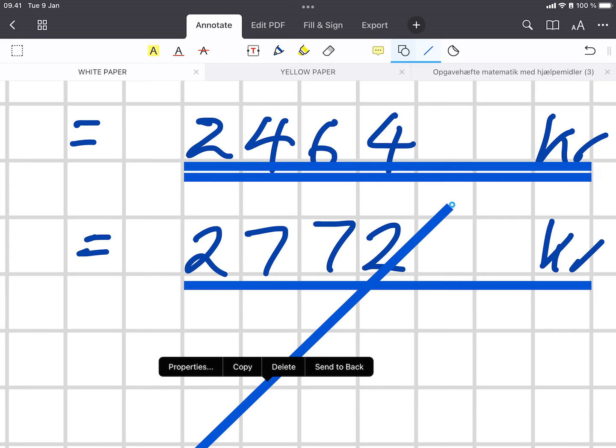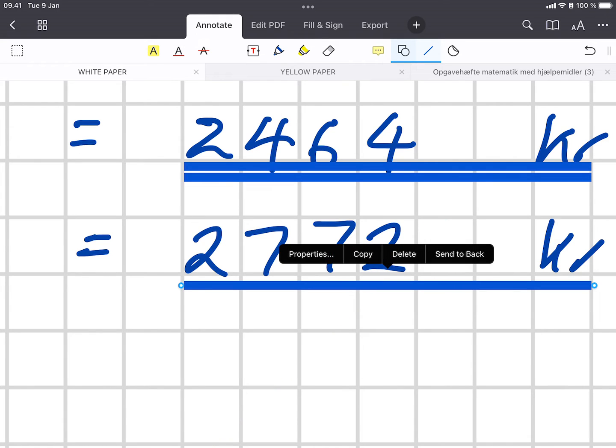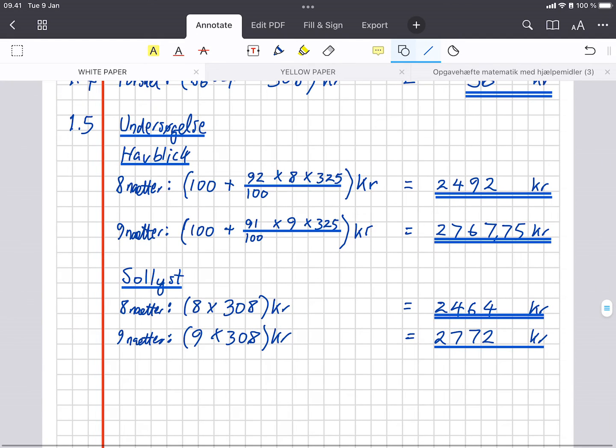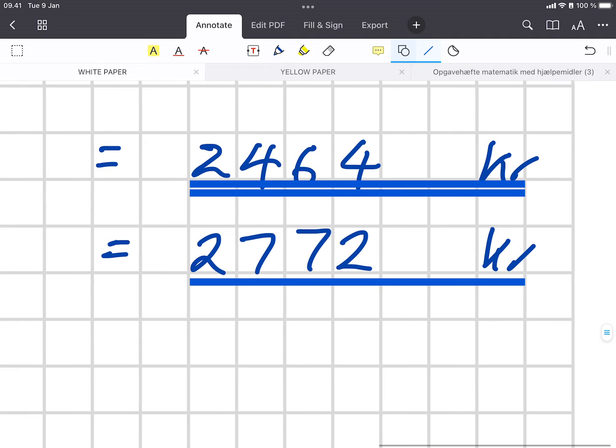Bit fiddly with this iPad. Not that. Delete that. Copy. Won't let me paste. Never mind, I'll just do another one.